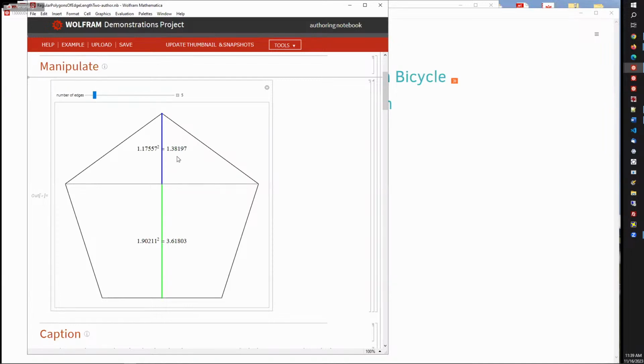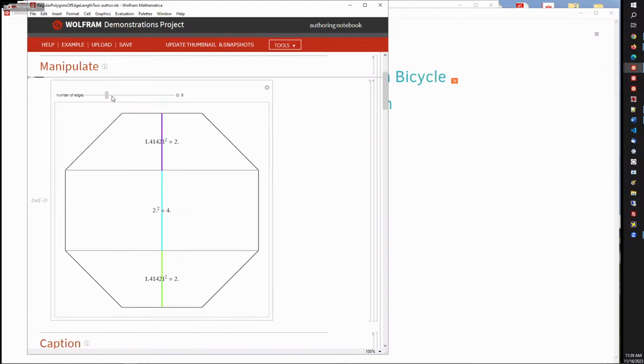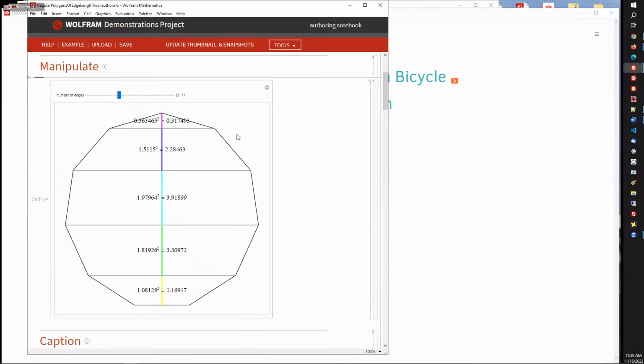So for example, with 5, each side here is length 2, and this height is that. You square that and add it to this squared. This value plus this value equals 5. And for any regular polygon, this is true.